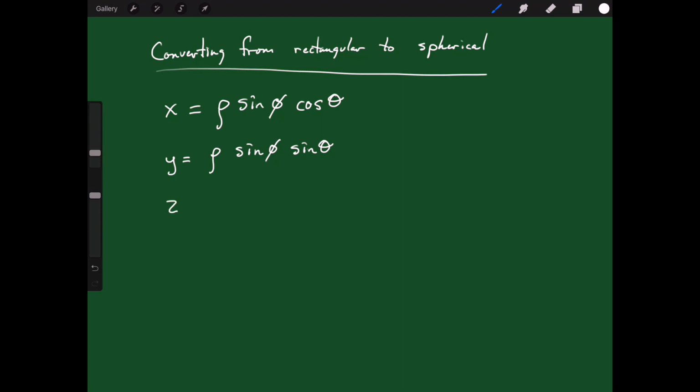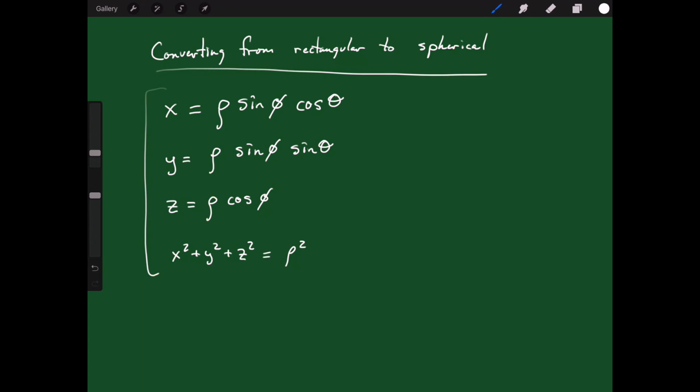And that z is equal to rho cosine of phi. Okay. Finally, we also get that x squared plus y squared plus z squared is the same thing as rho squared. So these four conversion formulas should be helpful to us.